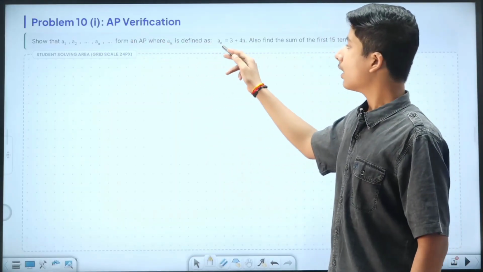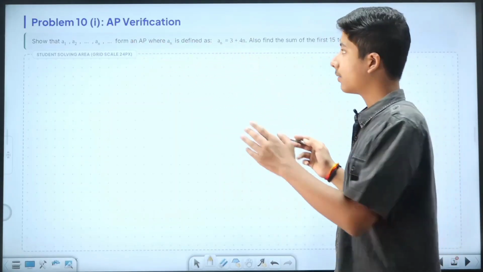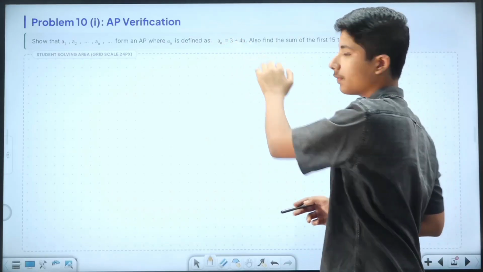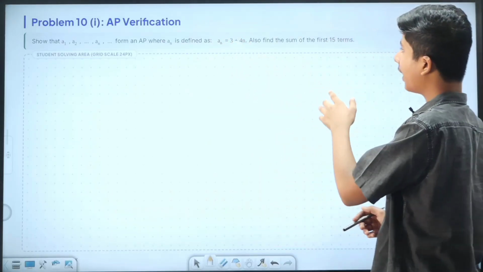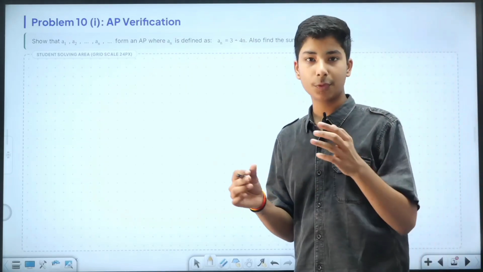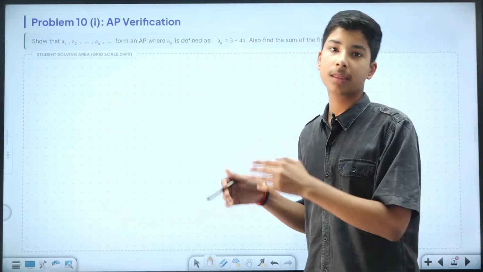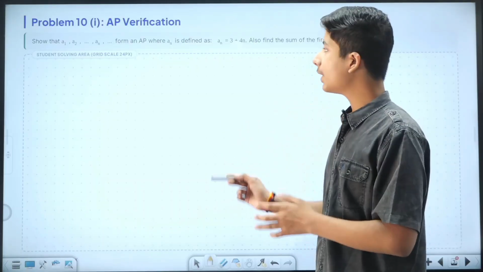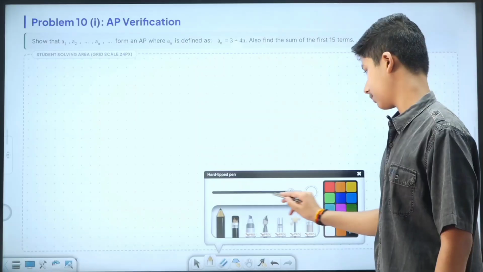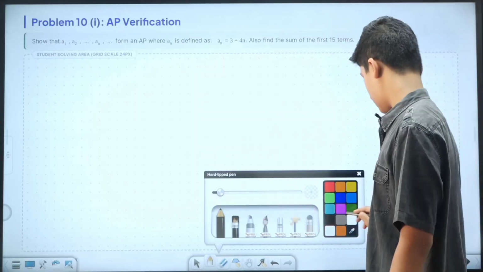So here the nth term is defined as 3 plus 4n and we have to find the sum of first 15 terms. Firstly, we will have to verify that it is an AP and then we will have to find out the 15 terms sum. Let's start.